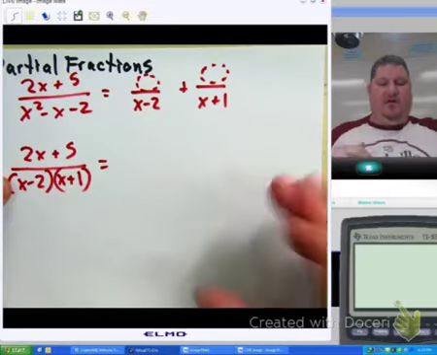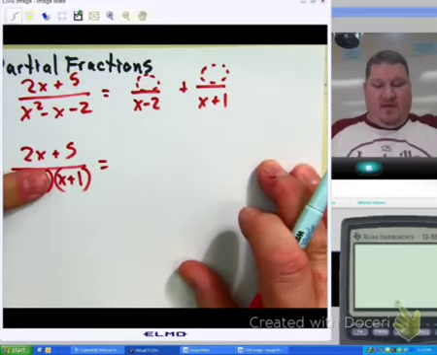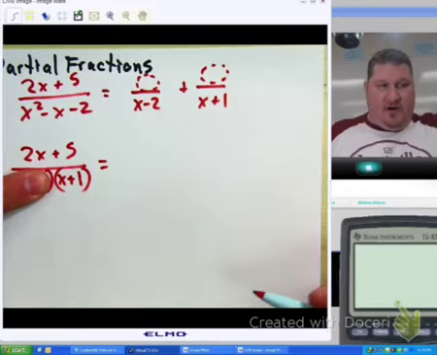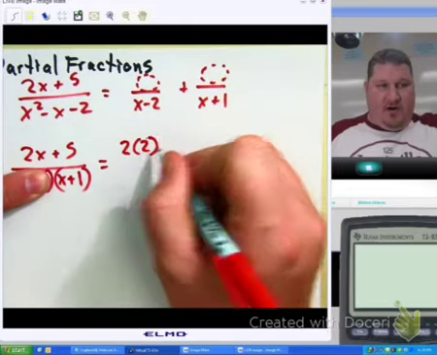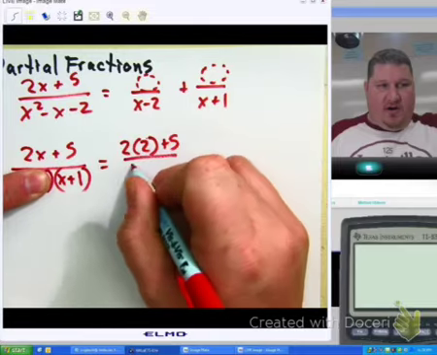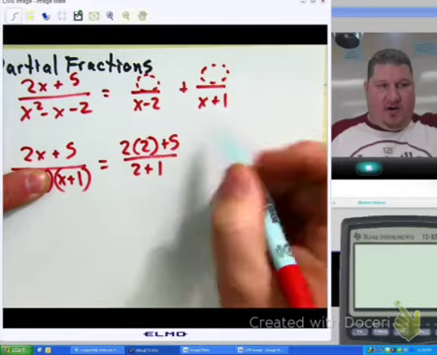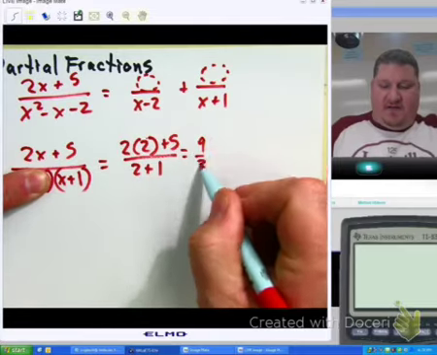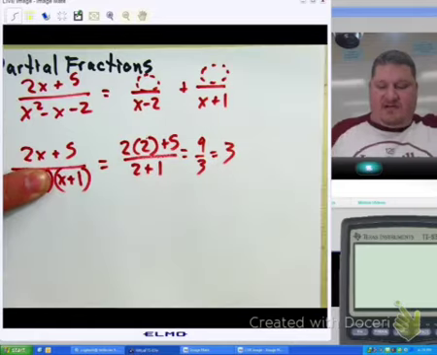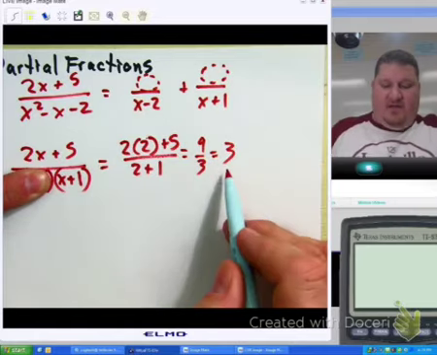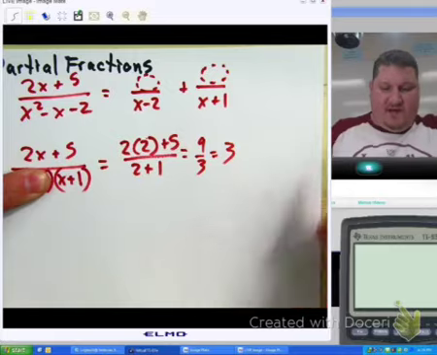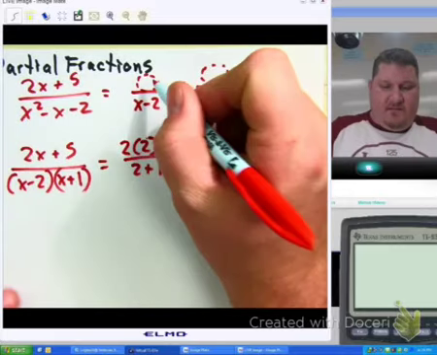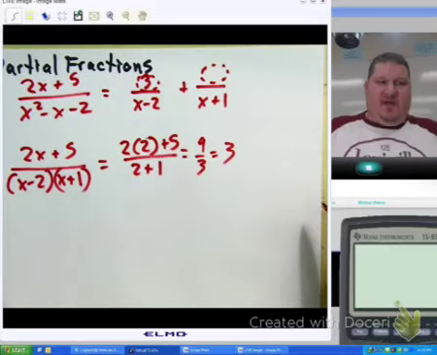Positive 2. Use your finger to cover over the offending term and plug in 2 everywhere else in the problem. If I solve this out, that gives me 9/3, or just 3. That number is what goes on top of whatever is under my finger. So I have 3 over x minus 2.